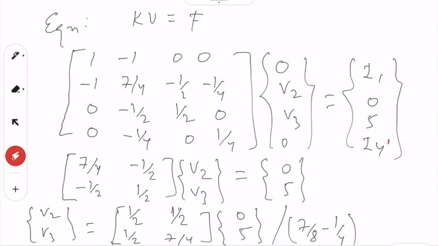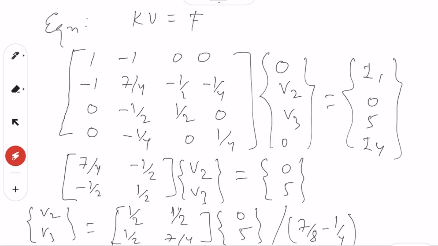Second thing, we have to find out I4. So this multiplied by this, and a similar situation here: 0 multiplies to 0, minus 1/4 multiplied to this V2, 0 to V3, 1/4 to 0. So minus 1/4 multiplied by V2 is equal to I4.